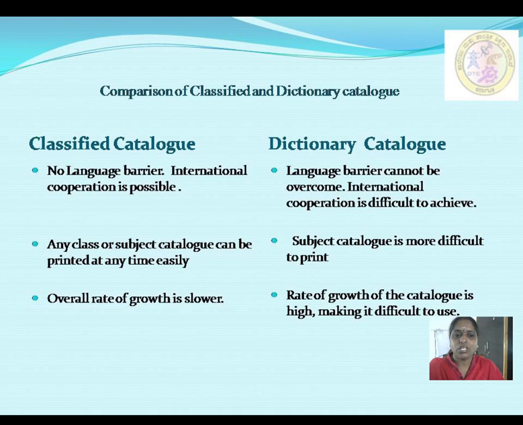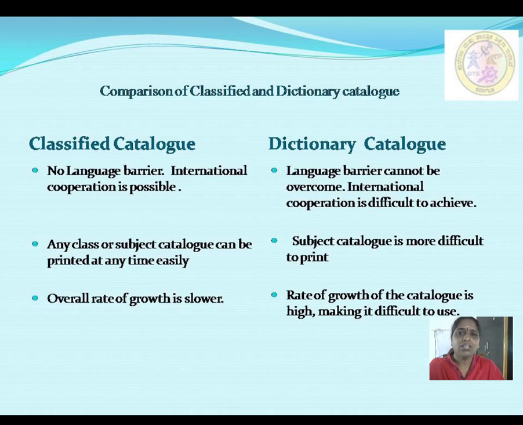But when you come to the dictionary catalog, the rate of growth of the catalog is high. Why? When making subject entries, as everything is a word entry, you have to give a lot of cross reference entries to make the readers know about the related subjects, or to know about the entries on a related subject. So you have to do enormous numbers of cards of cross reference entries.